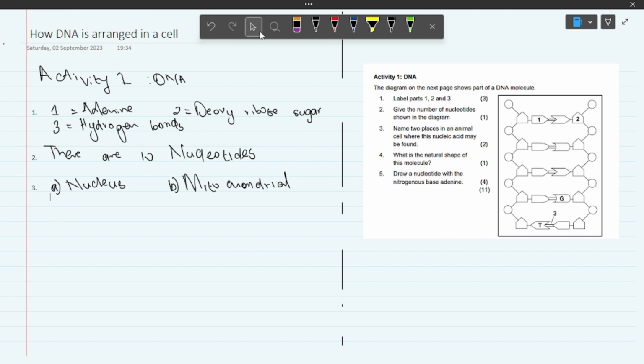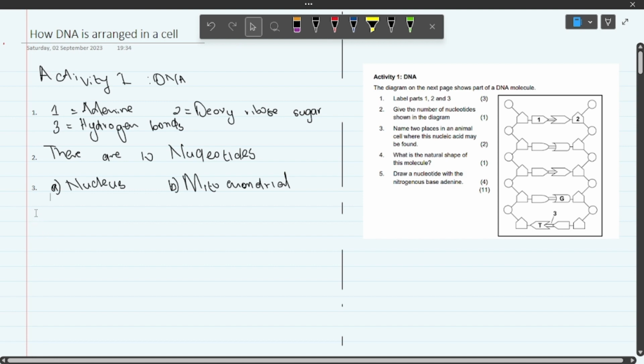So let's move on to our next question, number 4. What is the natural shape of this molecule? So the natural shape of DNA is what? It's a double helix structure that is coiled around the protein histone.